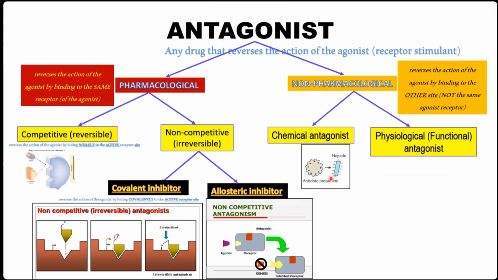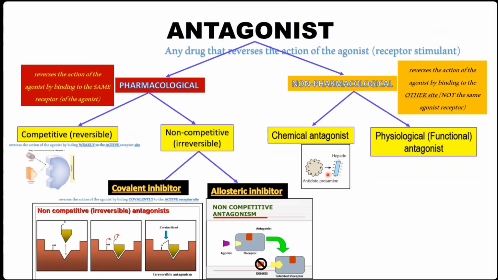So in order to counteract and prevent this bleeding, we use an antidote which is positively charged and binds with heparin. This is protamine, a positively charged antidote chemical substance. So this is simple chemical binding. It antagonizes the action of the first drug, not by binding to the same receptor of heparin. So this is the first subtype of non-pharmacological antagonism.